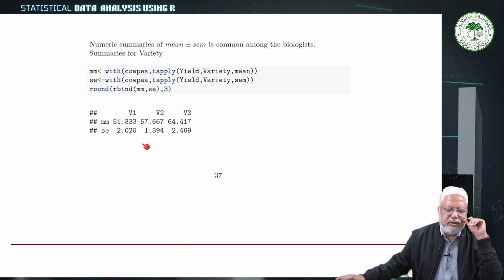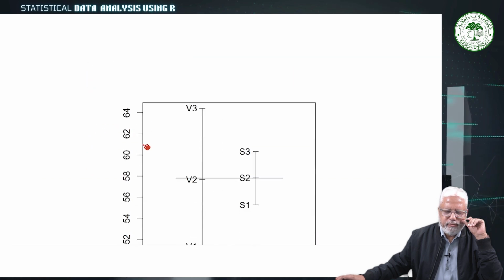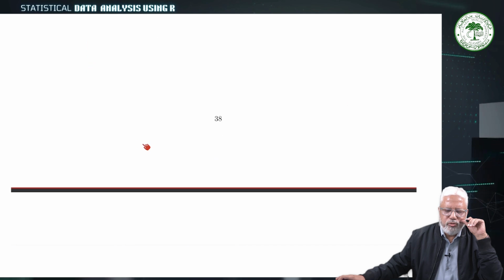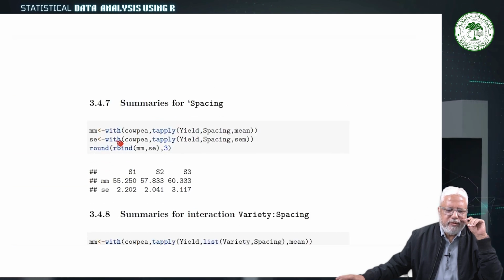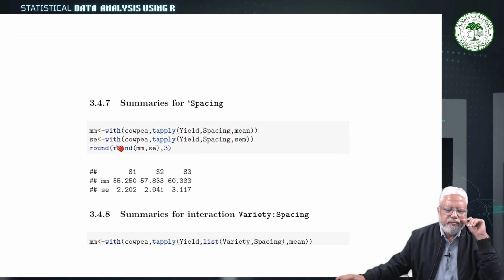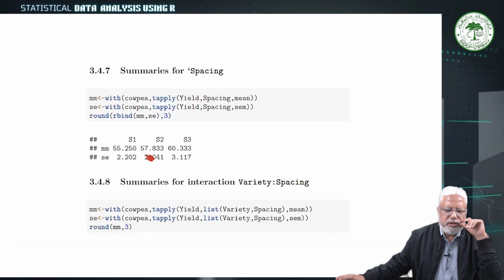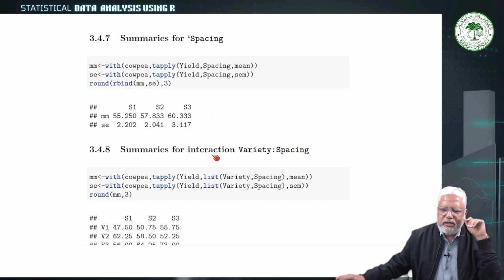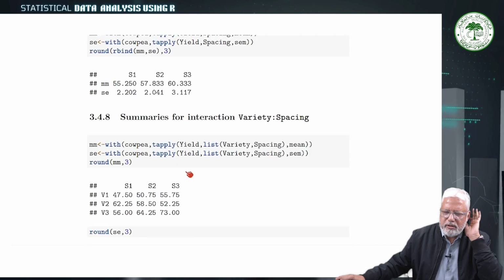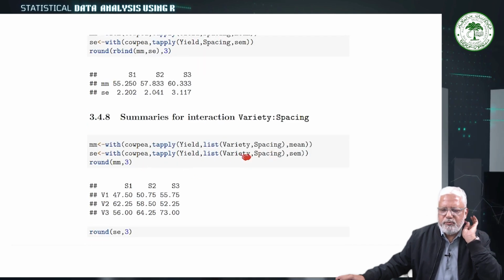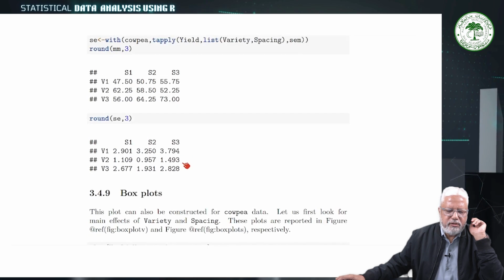So these are the means and these are the standard errors. Then summaries for spacing, this is the summary of spacing. Variety, and summaries for the interaction of spacing and variety. So these are the summaries for interaction.